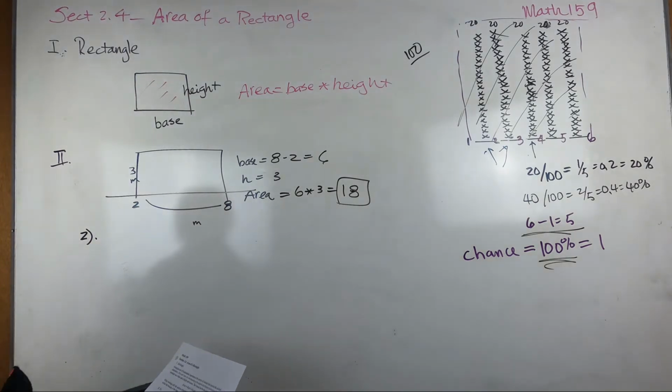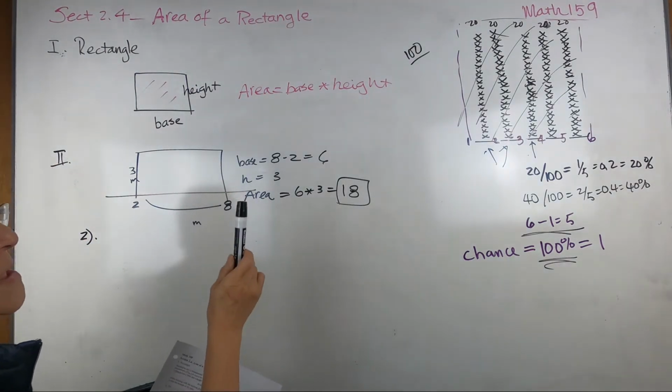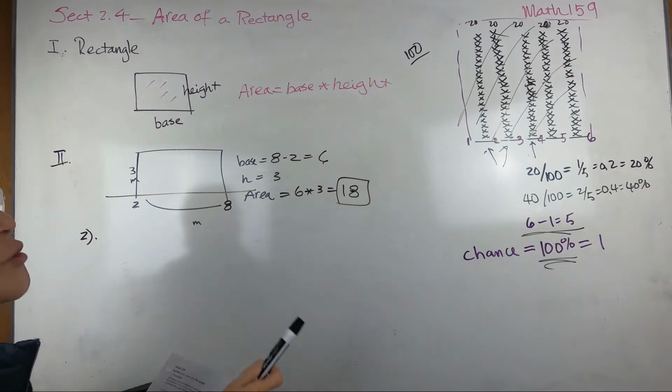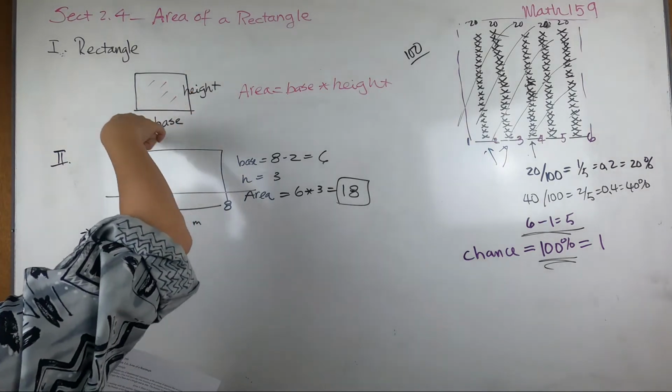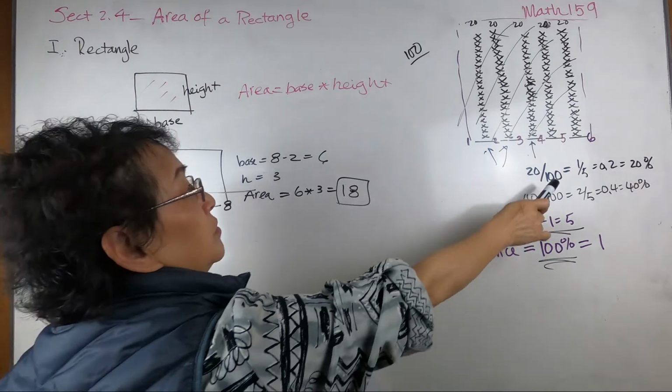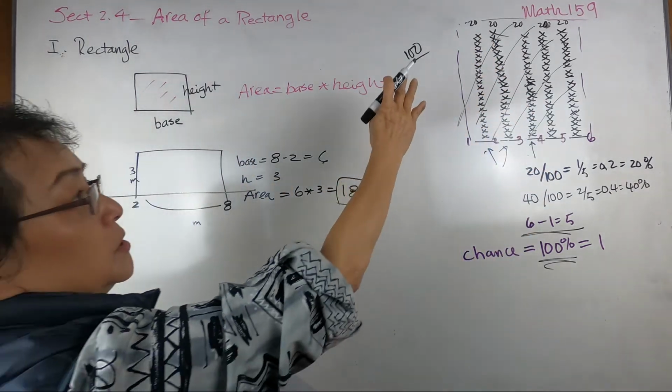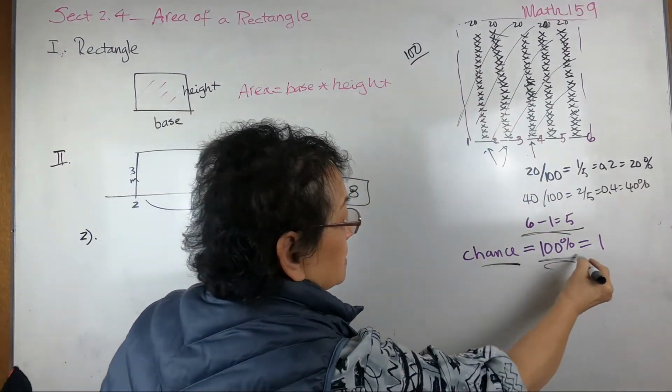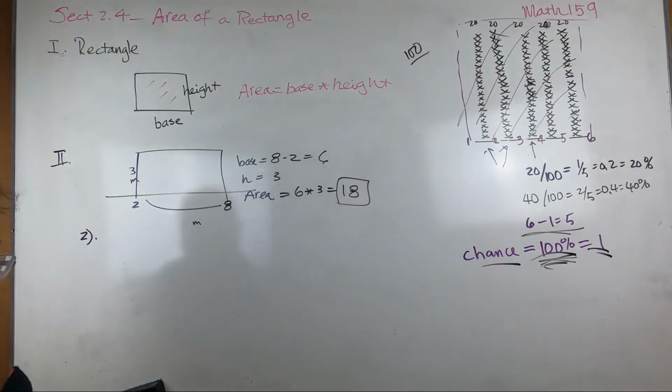Look at the second one. It turns out that the area of the rectangles that equals 1 is given, because we are going to use this for the uniform distribution. For the rectangle, the whole thing, the area, we will call it 1. It means 1 is 100%. Let's see how we are going to use that concept.